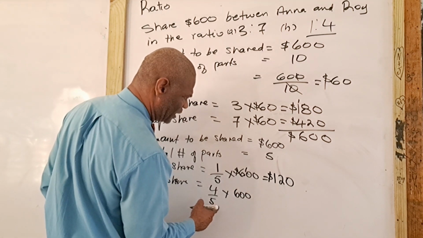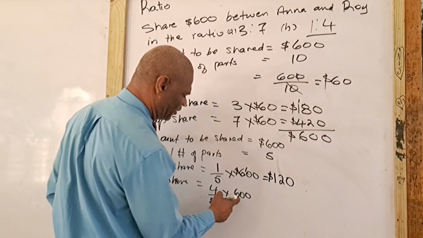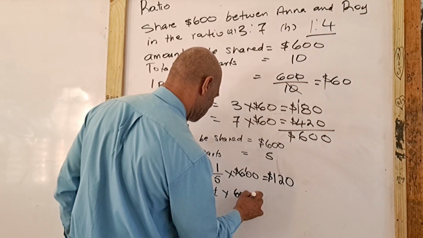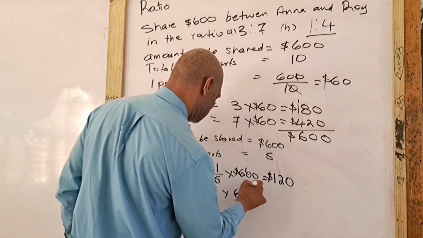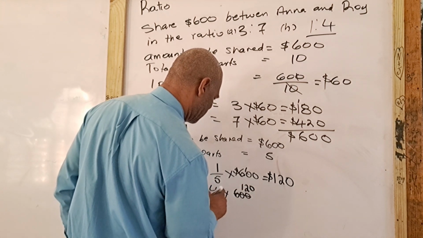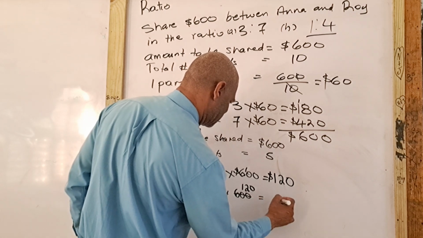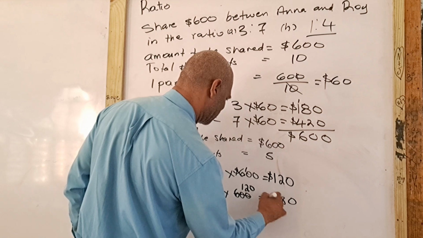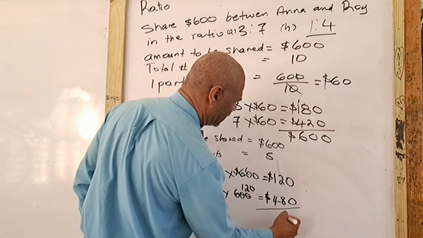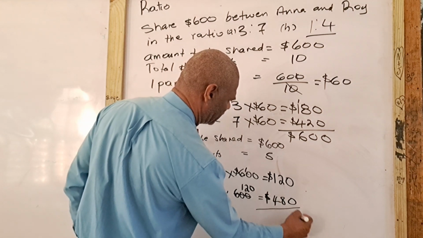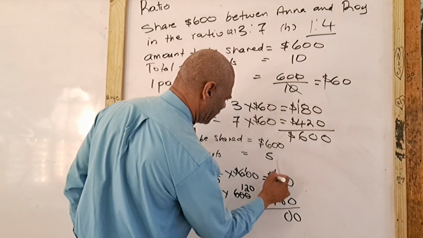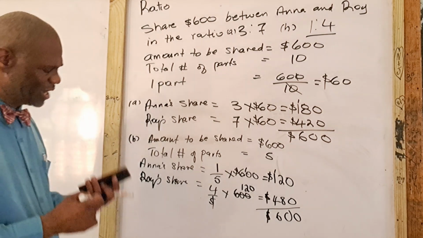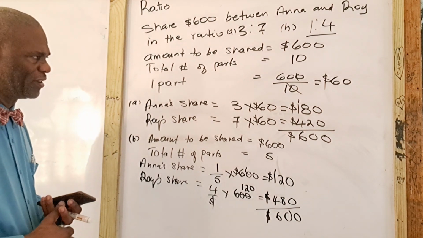So 5 into 600 is 120. 120 times 4, that's 480. Add them together. 8 and 2, 10, 4 and 5, 6, $600. Alright? So there we have it. So we have used the 2 methods here.